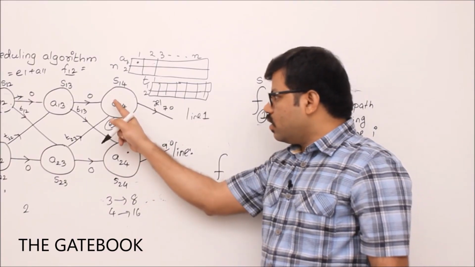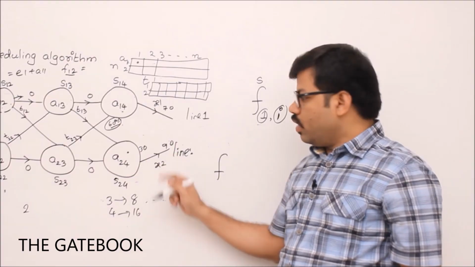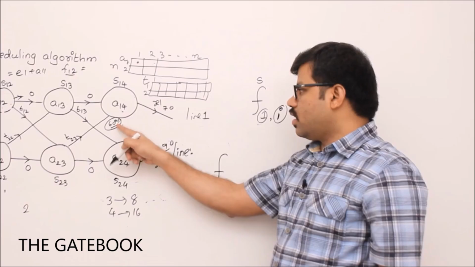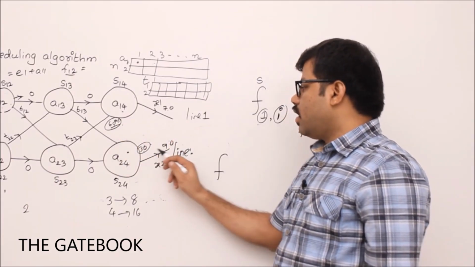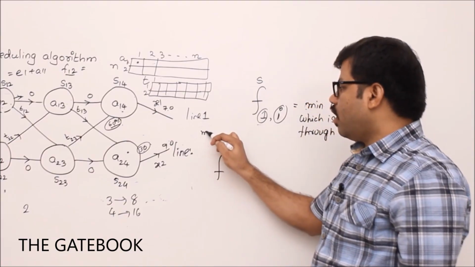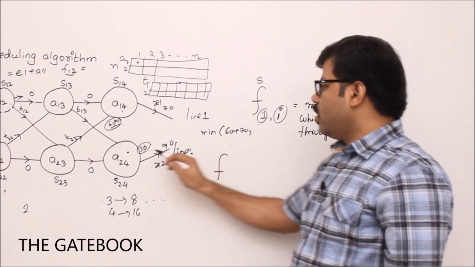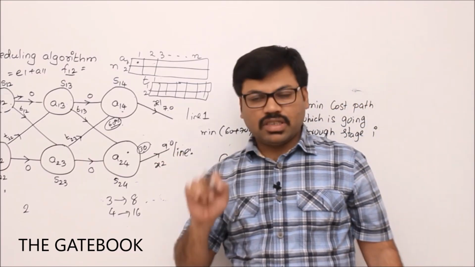One best path goes through A14. The second best path comes from A24. The best path coming from A24 is 30 rupees. Here it is 60 rupees. Then the overall best will be the min of 60 plus 70 and the second one, 30 plus 90. So there cannot be any other path possible which is best.